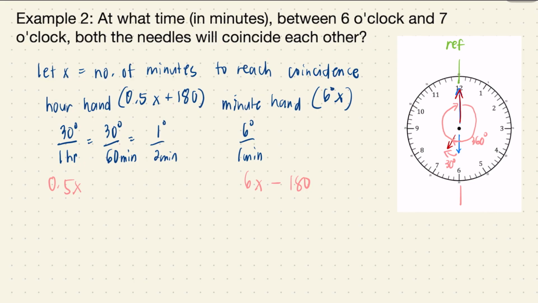Okay? So, any of the two will do. We can try to solve that later just to check. Okay? So, with this, dahil gusto nga natin malaman at what time they will be equal, we can equate both expressions and place it in an equation. We can put 0.5x plus 180 and equate that with 6x.